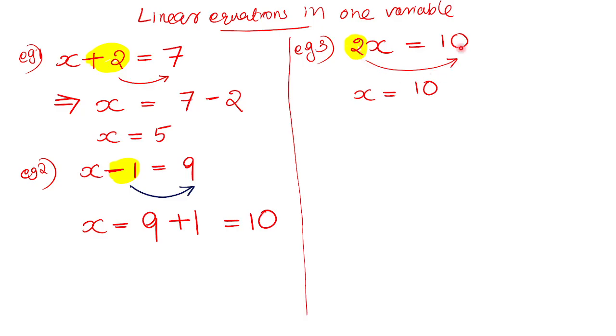If I take 2 to the other side, it becomes divided by 2. If it was 3 into, if I take 3 to the other side, it becomes divided by 3. Like that. If you transfer, the multiplication becomes division. Equal to 5.